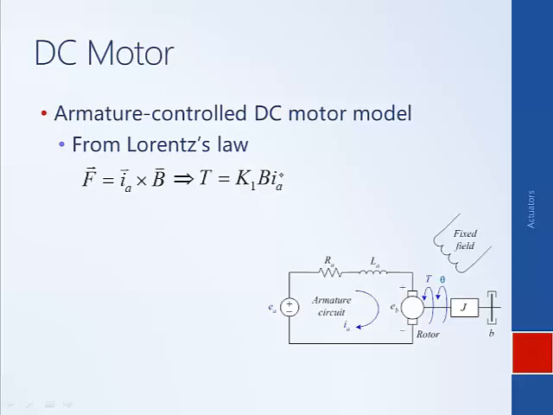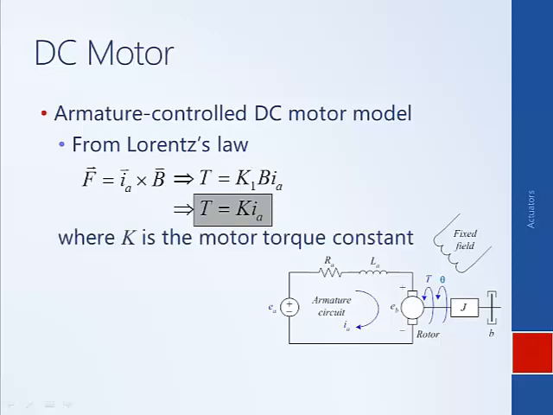Since we're dealing with an armature controlled motor, the magnetic field is also constant. So we can lump these two constants, K1 and B, into a single constant K, which we call the motor torque constant. The torque generated by the motor is proportional to the current through the armature with some proportionality constant K, which depends on the geometry and the strength of the magnetic field.